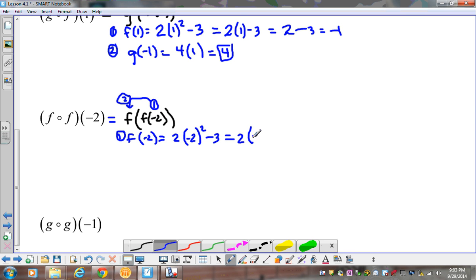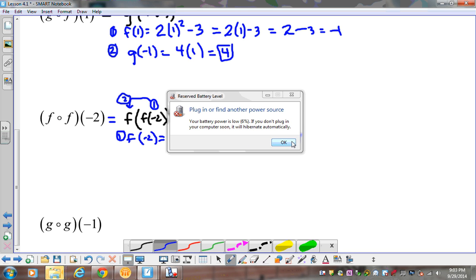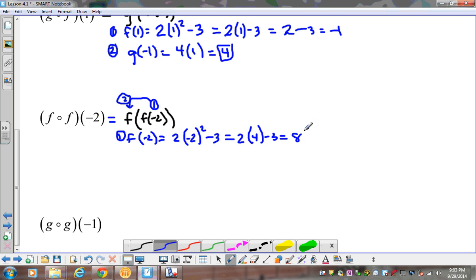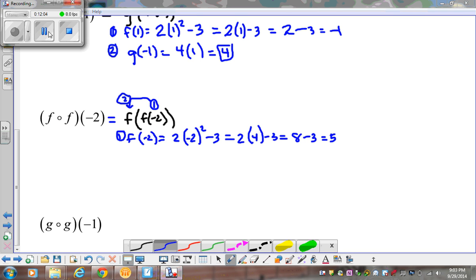So we have 2 times 4 minus 3. Hopefully you don't need a calculator. 2 times 4 is 8. 8 minus 3 gives me 5. So f of negative 2 equals 5. And I'm going to pause it right there.